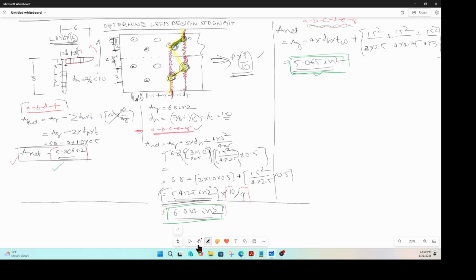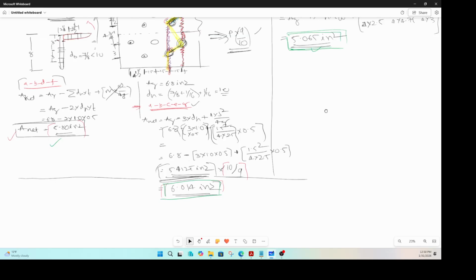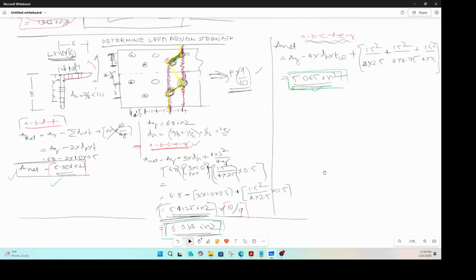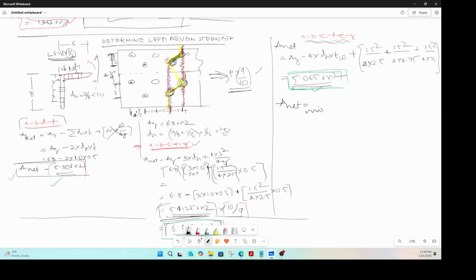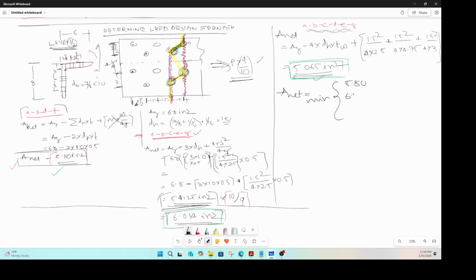Okay. So now that we computed our A net, let us write it down. A net is the minimum of the different A nets that we computed. The first one was 5.80. The second one was 6.014.